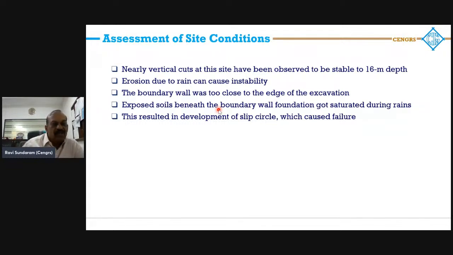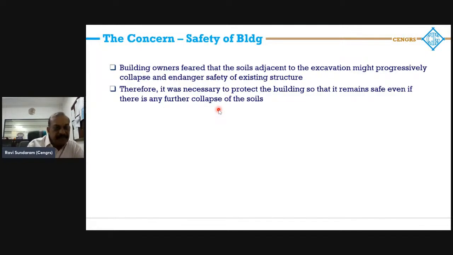Erosion due to rainwater probably caused the instability. The boundary wall was too close to the edge of the excavation. So the exposed soils beneath the boundary wall got saturated during rains, developed a slip circle, which caused the failure.